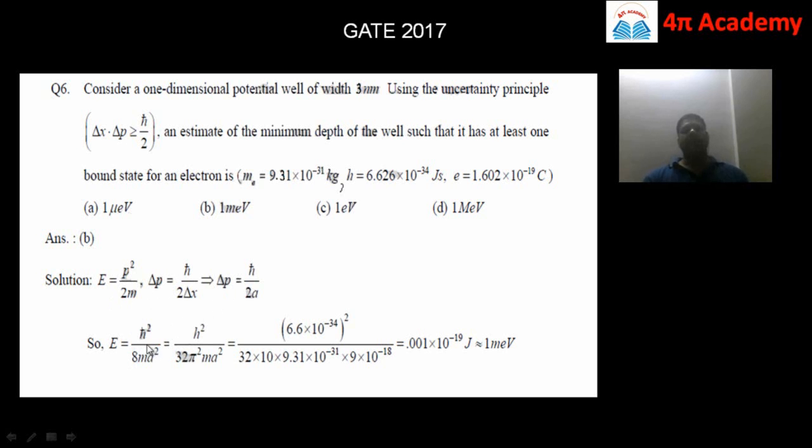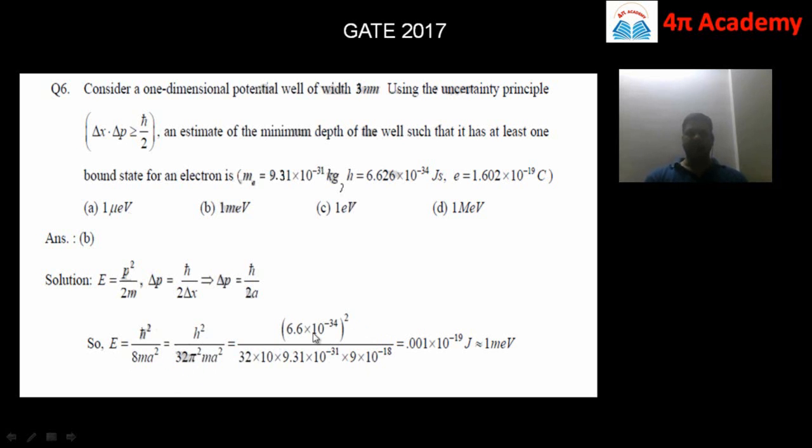Now if we write this equation in terms of h, then you know the value of ħ, it is h upon 2 pi. So it will be h square upon 2 square, that is 4. So 4 into 8, that is 32, into pi square multiplied by m a square. Now let us substitute the values of these constants.